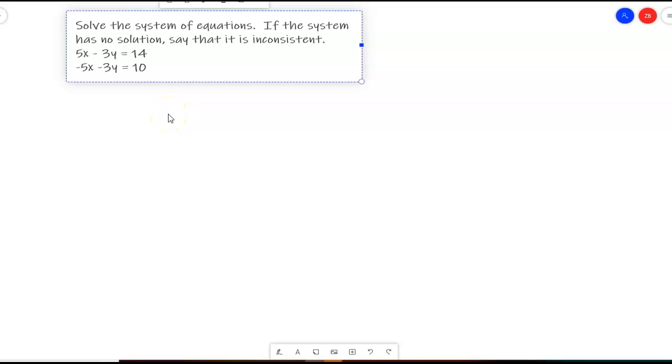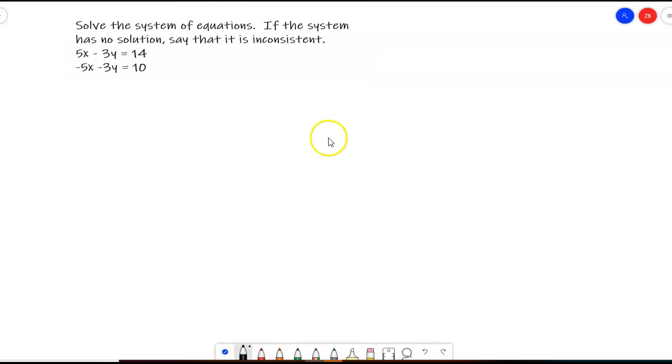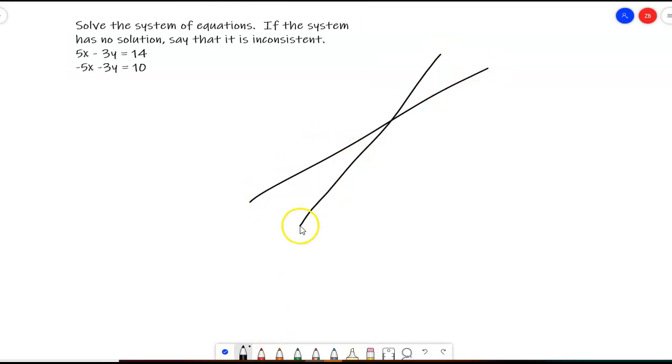Now, when we're talking about two linear equations like this, a solution is where those two lines cross, right? So if we were to graph those, it's going to be the point where they cross. There's only one situation where we have no solutions at all, and that's when those two lines are parallel.